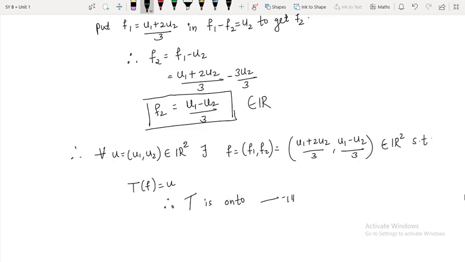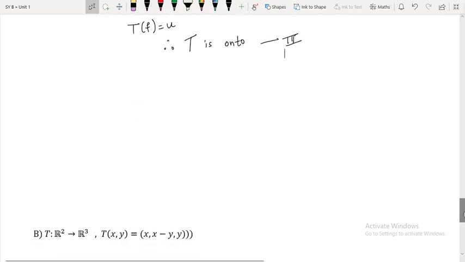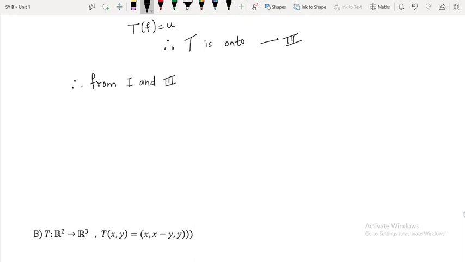I will call it as sum 3. So therefore from 1 and 3 we can say that T is an isomorphism.